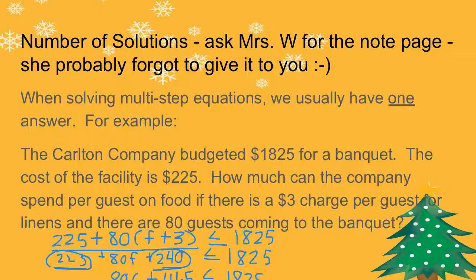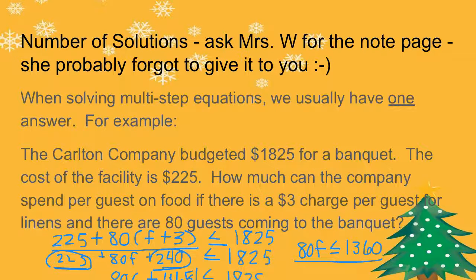All right. So let's take off the 465. That's the constant. That's not going to change. That leaves 80 people times their food has to be less than 1825 minus 465, which is 1360.